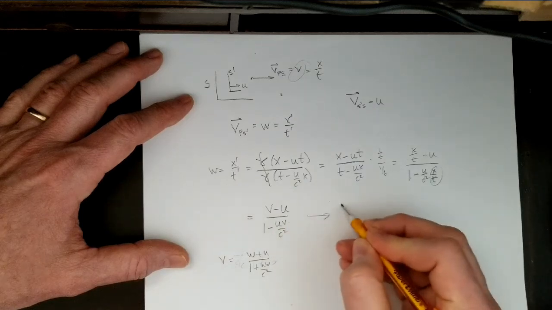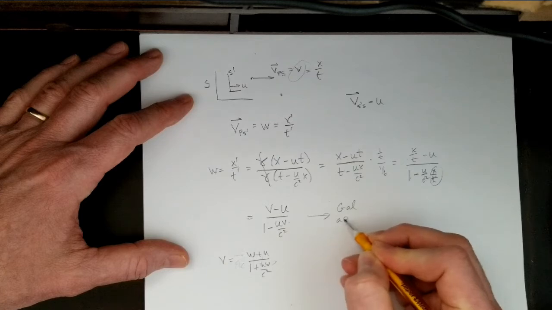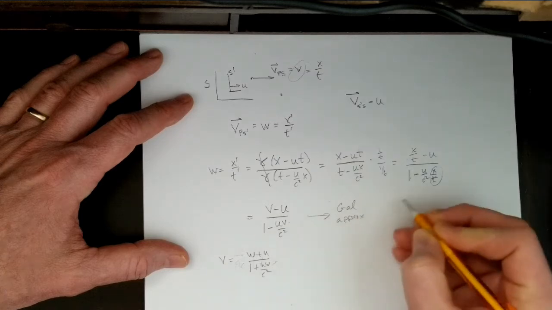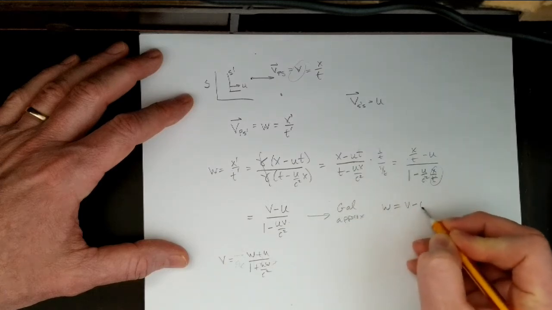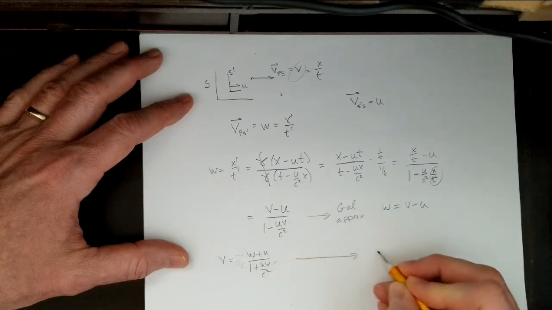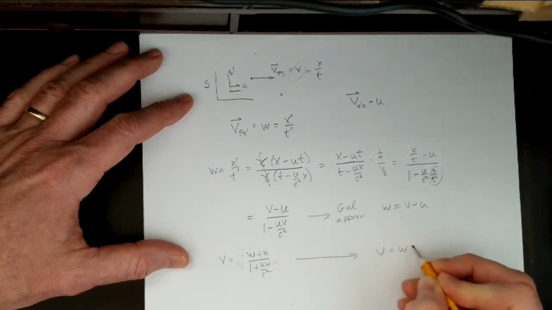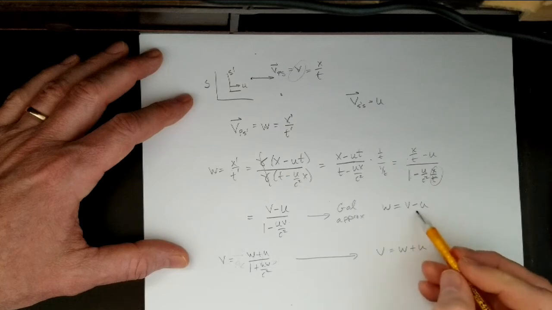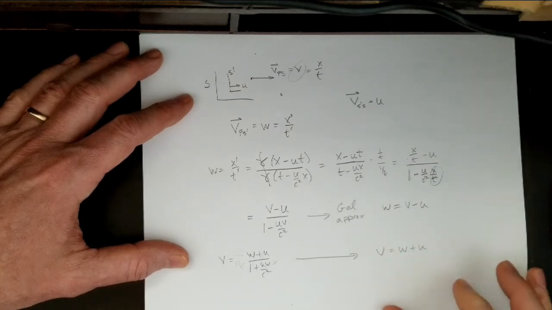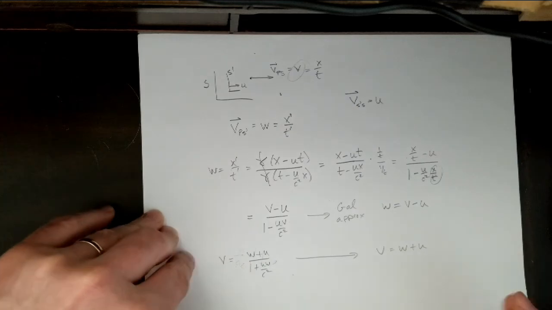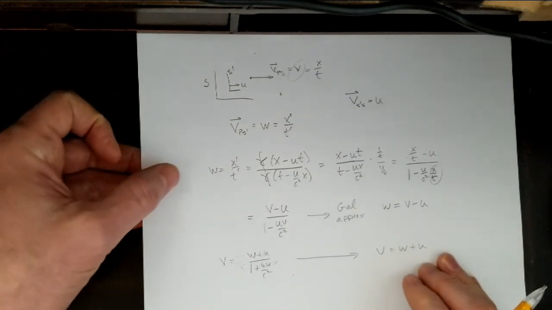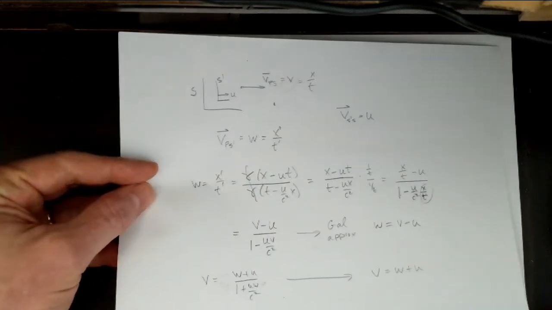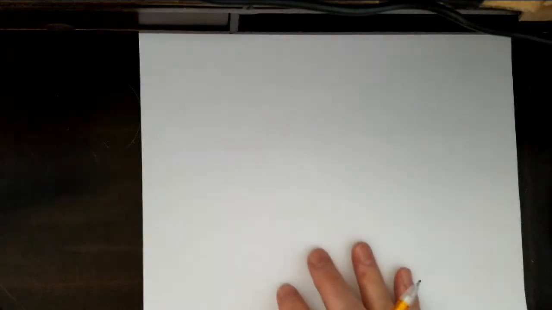So in the Galilean approximation, we end up with w equals v minus u, and here we'd end up with v equals w plus u. Not a huge shock, because if I add u to both sides. So when you're solving one of these problems, you need to figure out what it is in Galilean relativity, and then you can solve it with special relativity.